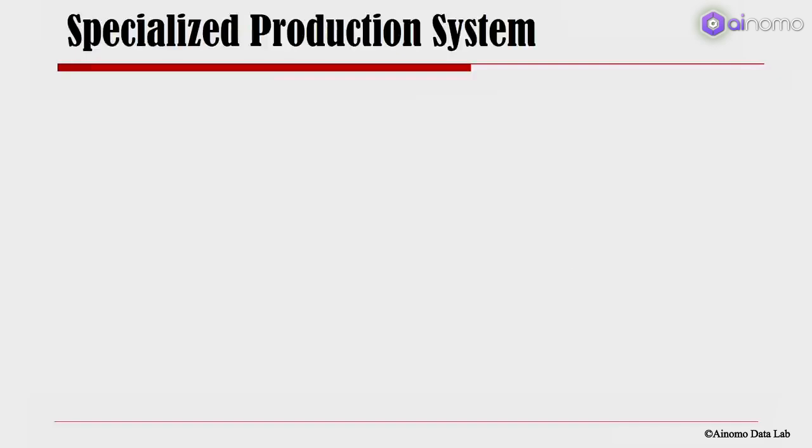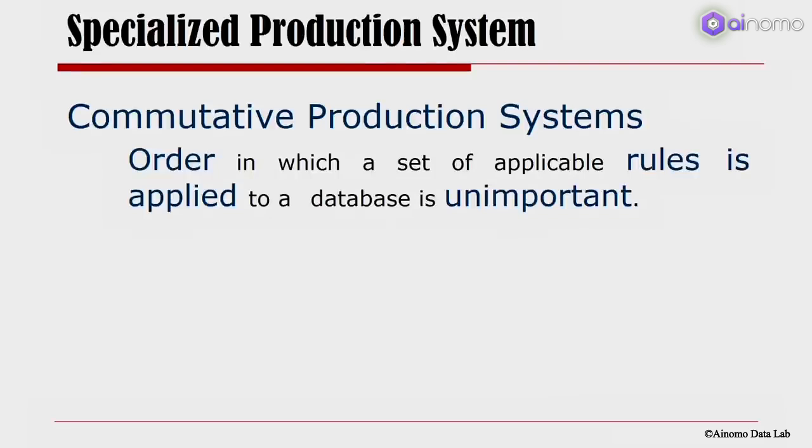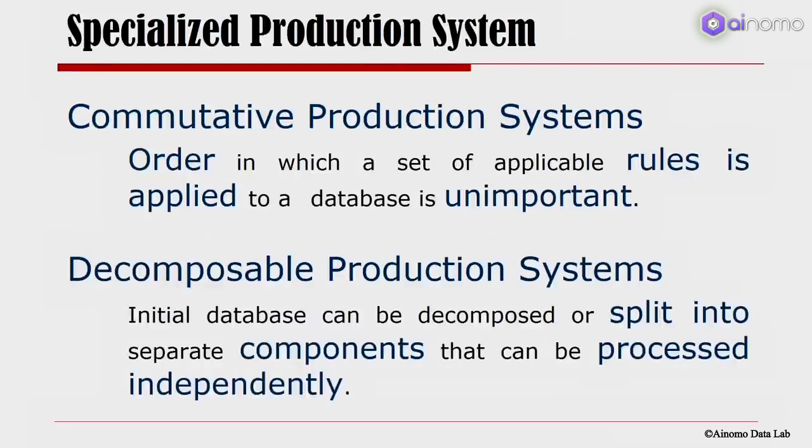Now let us focus our attention on two specialized production systems. One, the commutative production system, and the other called the decomposable production system. A commutative production system is one in which the order in which a set of applicable rules is applied to the database is not important.